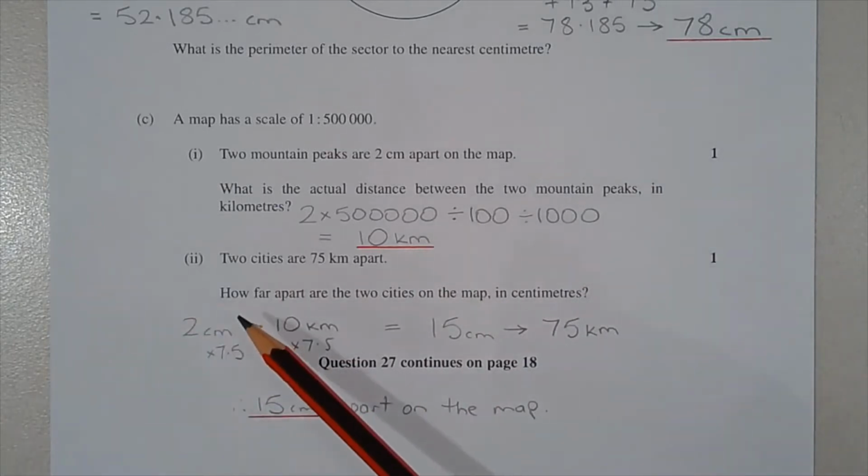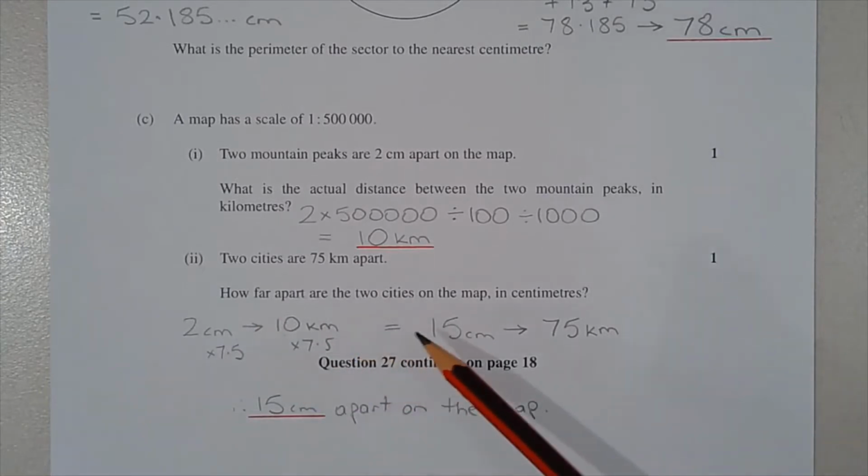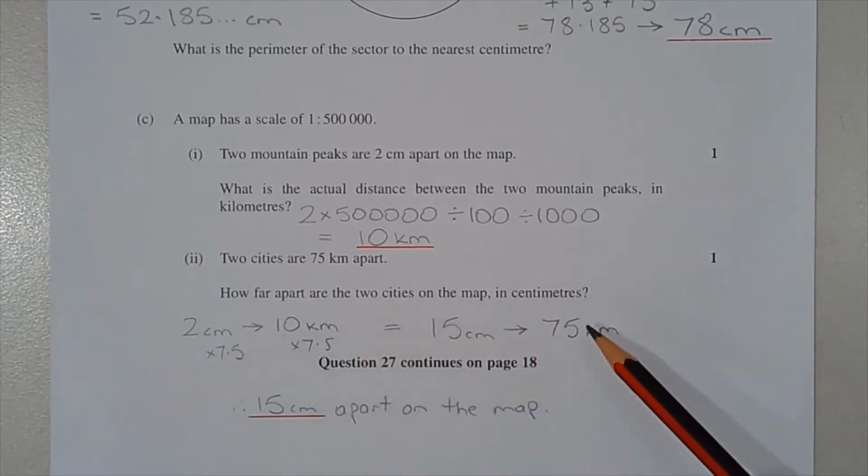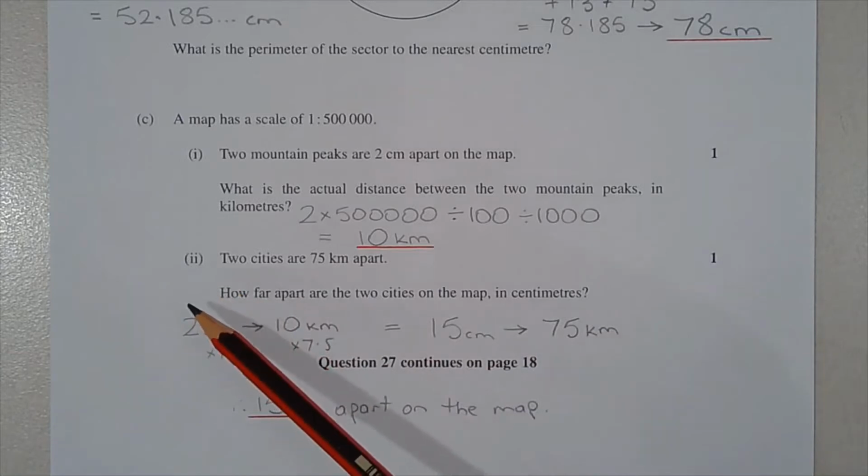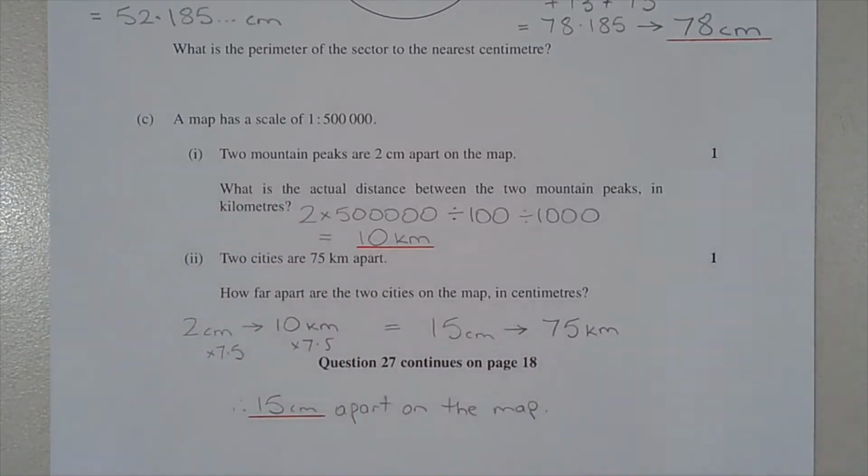Part 2. 2 cities are 75 kilometers apart. How far apart are the 2 cities on the map in centimeters? So part 2 is just like part 1, but in reverse. So if 2 centimeters corresponds to 10 kilometers in reality, if we multiply the 10 kilometers by 7.5, we get 75 kilometers.